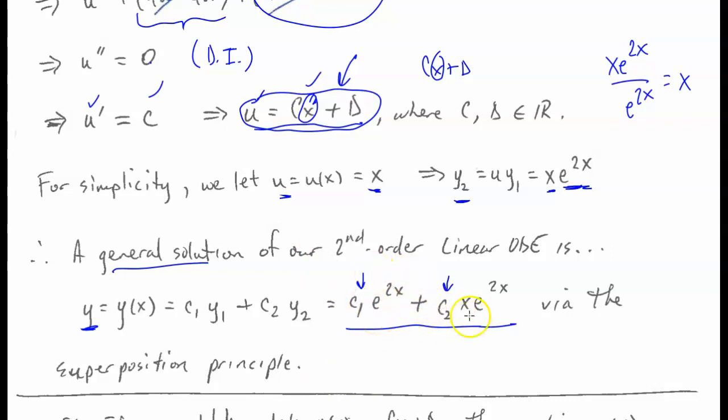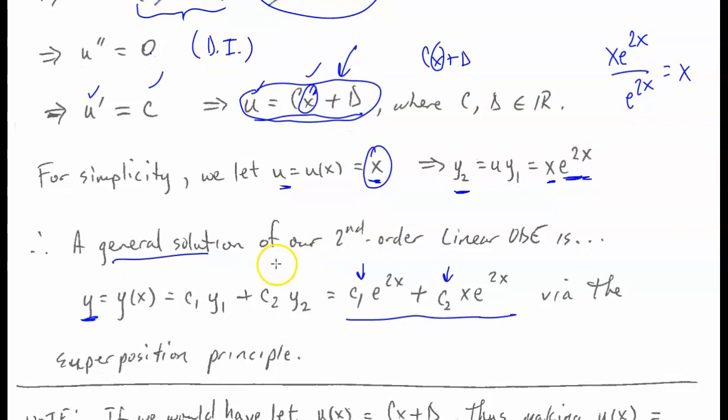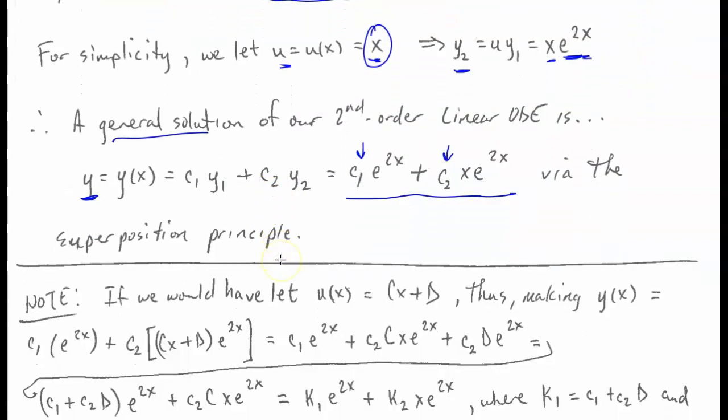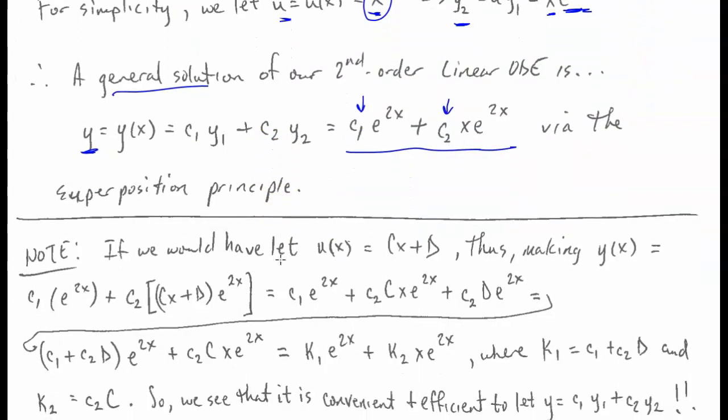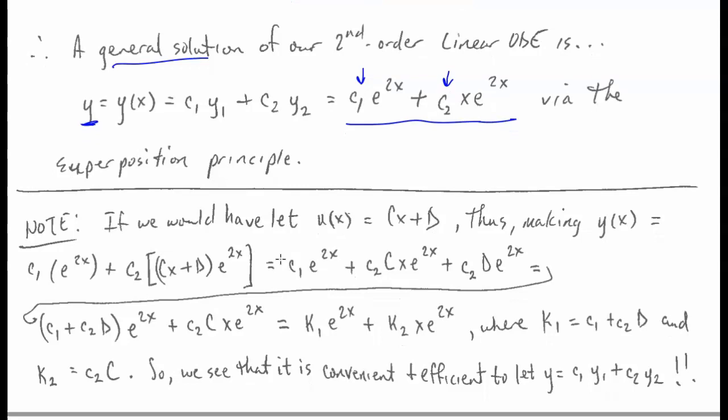All right. So let's go back to what I was saying earlier here about u equals cx plus d. While we don't use all of this and we just use that u is equal to x, I'm going to show that down here. So had we actually done what you may have been thinking, which is let's just use all of this, then here you would see that this is our y1.